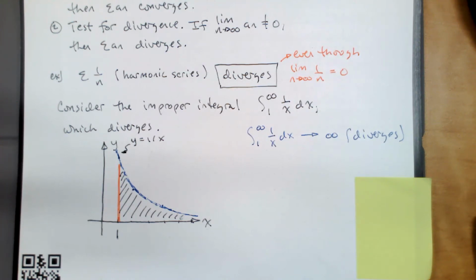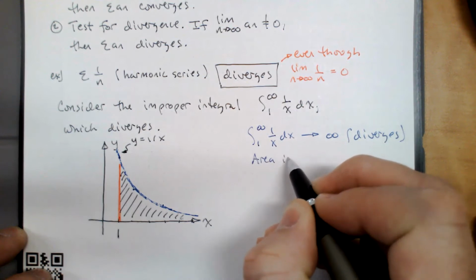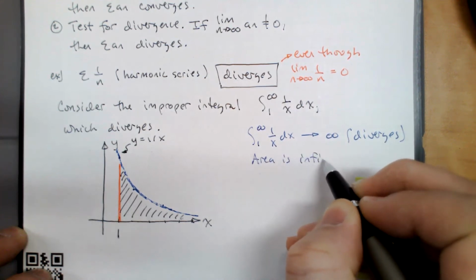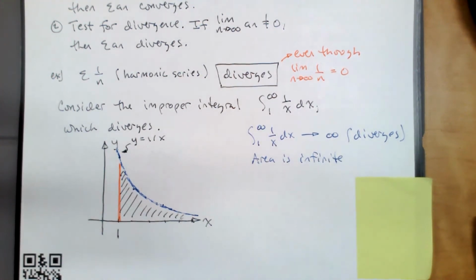What we want to notice, so we can interpret this as the area. So we're thinking of this as telling us that the area is infinite. What we want to notice is that the harmonic series is an overestimation of this area.